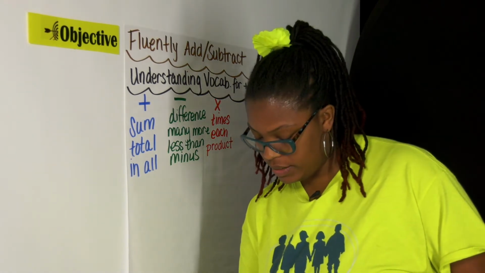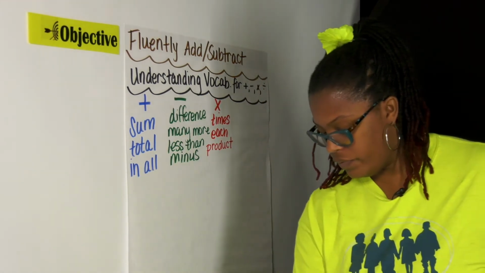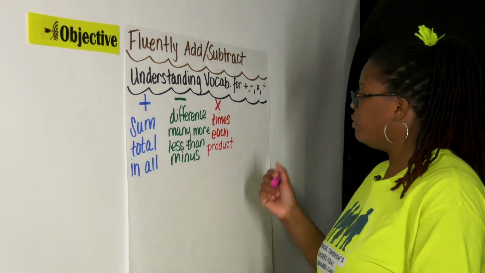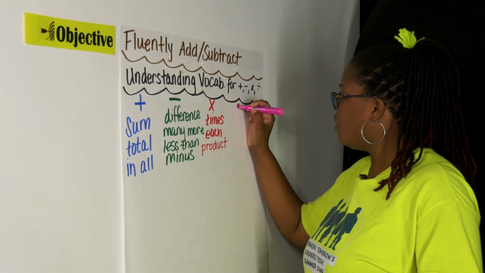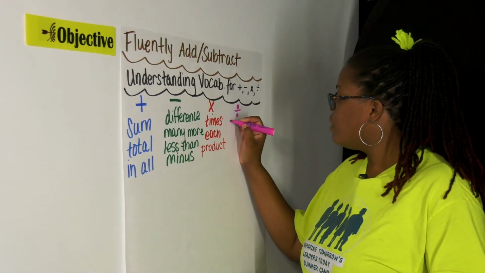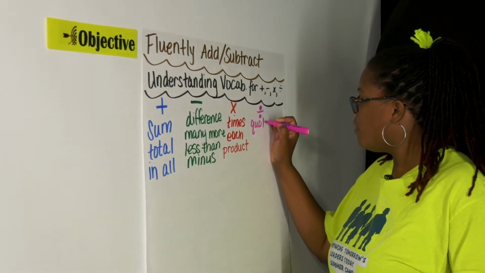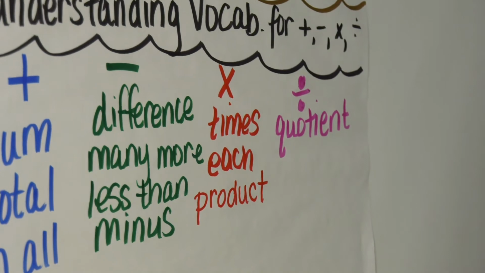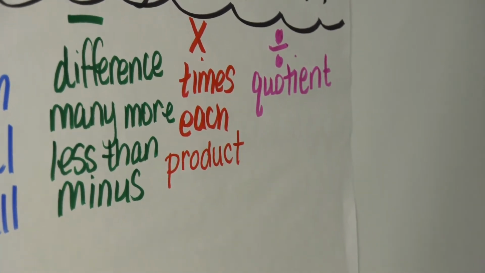All right, and lastly, we are going to shift to division. And I'm not gonna go too deep into division because you all don't cover that much division in 3rd grade, but the answer to a division problem is called the quotient. So that's one key word that you may see, quotient.